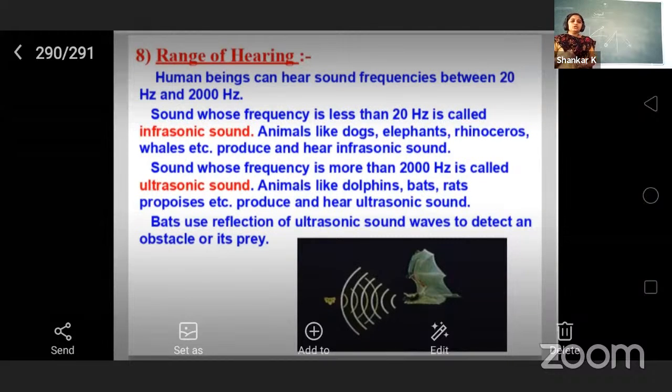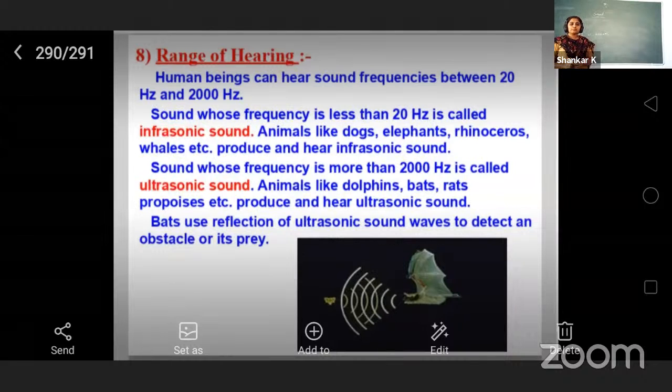A sound whose frequency is less than 20 hertz is called infrasonic sound.